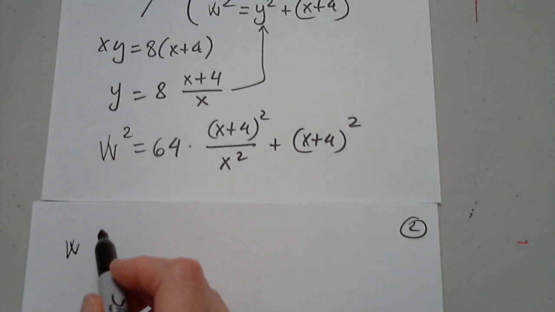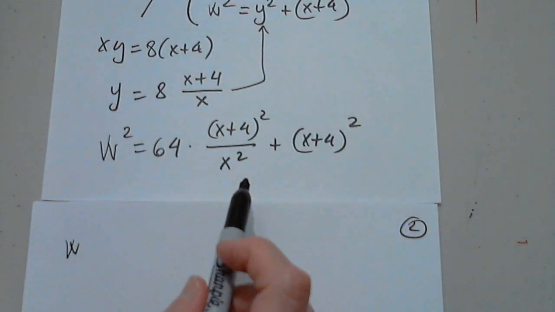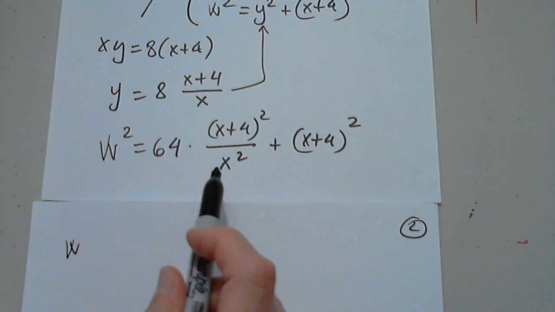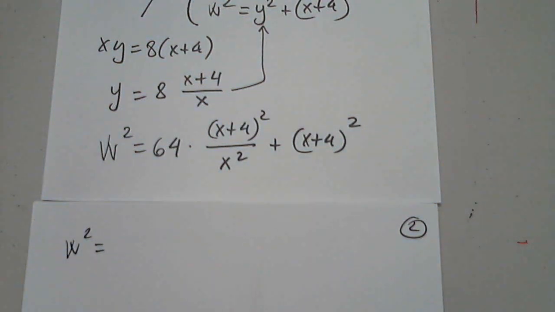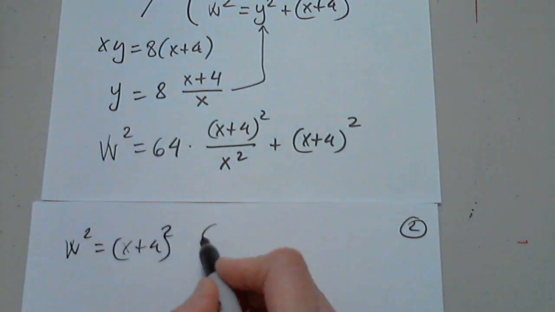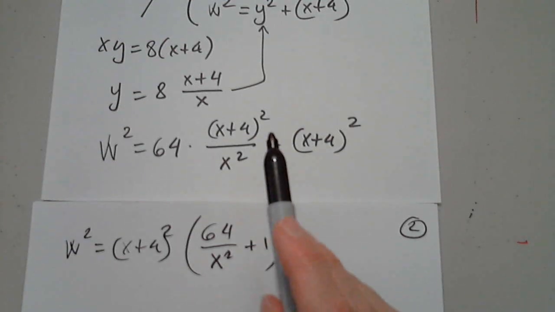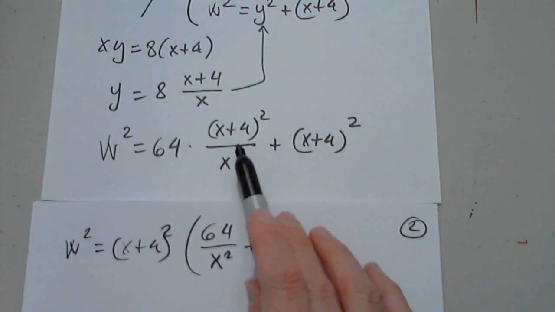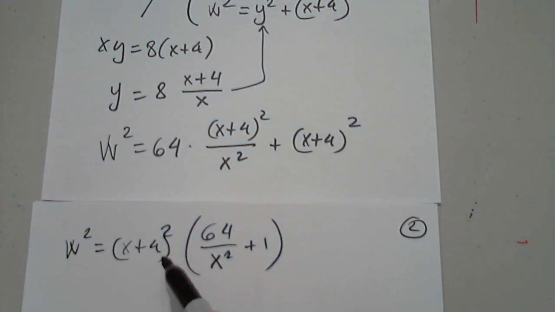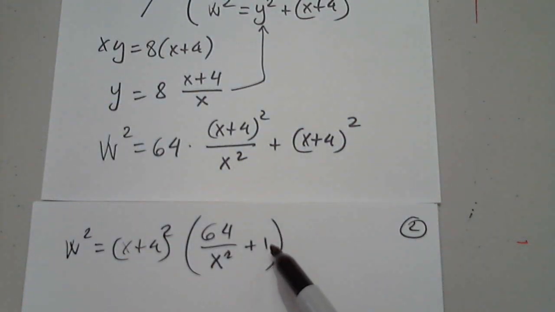So w squared. Let me see if I can simplify this a little bit. I don't think so. I could factor out (x plus 4) squared, and then I have 64 over x squared plus 1. So I pulled out an (x plus 4) squared, so then I have 64 over x squared plus 1.